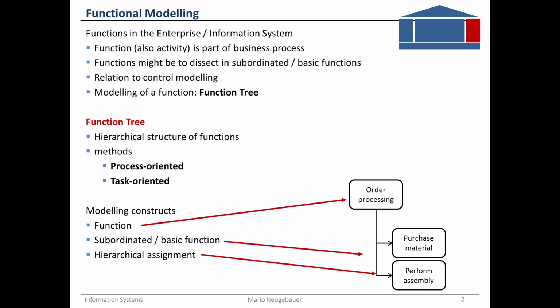We purchased the material, and therefore now we find here the functions we need in our information system. And function means that we later can describe a certain user interface, a certain form where you can put in data, or where you can get data from to support your particular step in your business process.